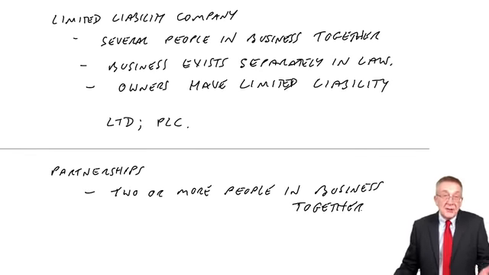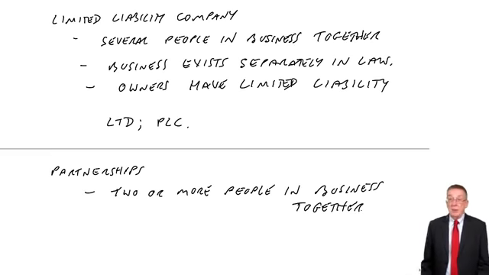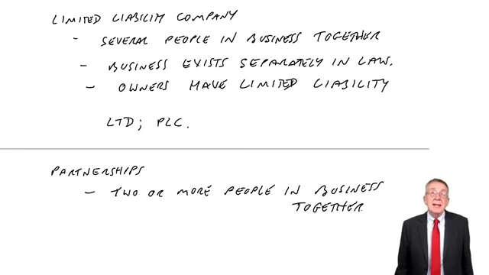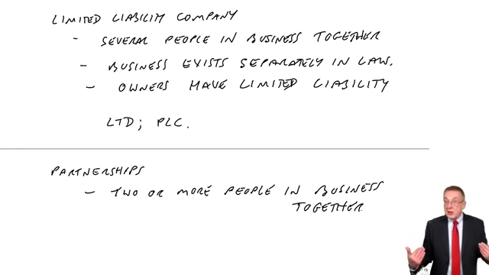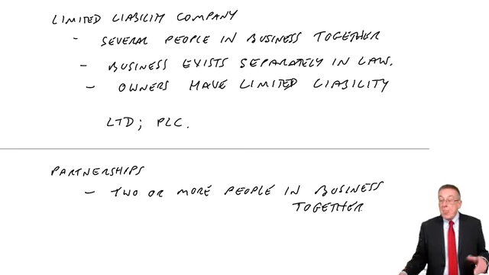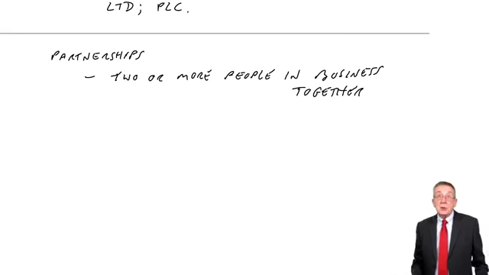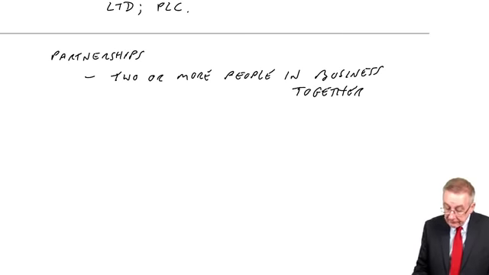So maybe two of us decide to rent a stall and sell DVDs on the market, but there are two of us. So we'll both put in some money, and any profits we'll share between us. But, as I say, it's just like a sole trader, but with two or more people. The owners have unlimited liability.